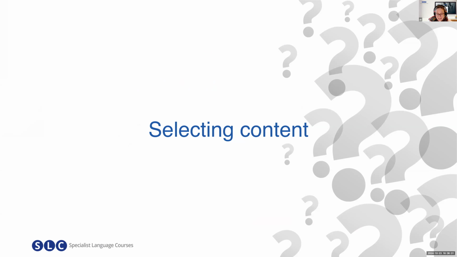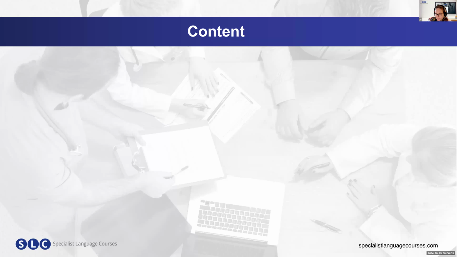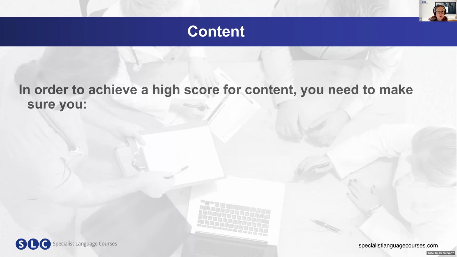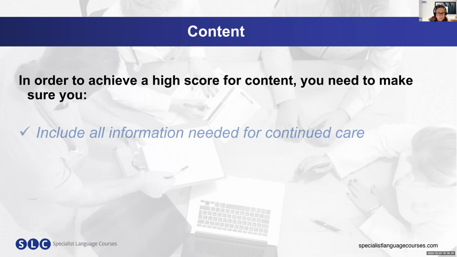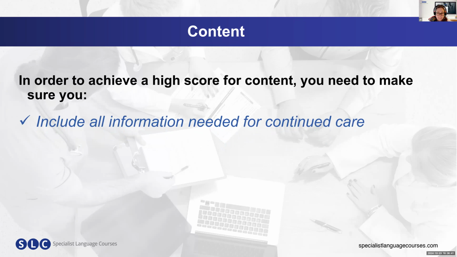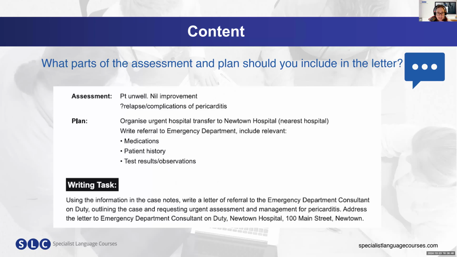Right, let's look at selecting content now. In order to achieve a high score for content, you have to include all information needed for continued care. And that information needs to be accurate. So let's go back to the pericarditis case.